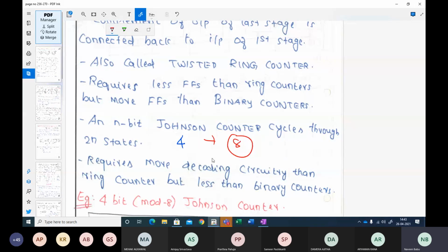So what have we done? We have reduced the number of flip-flops required in a ring counter by half. In case of an 8-bit ring counter, you will require 8 flip-flops, but here you will require only 4 flip-flops.